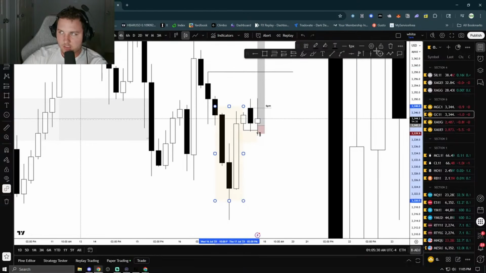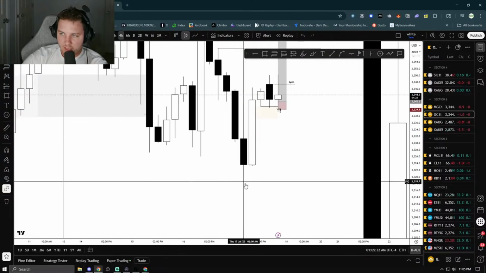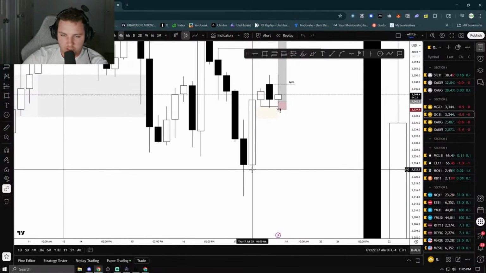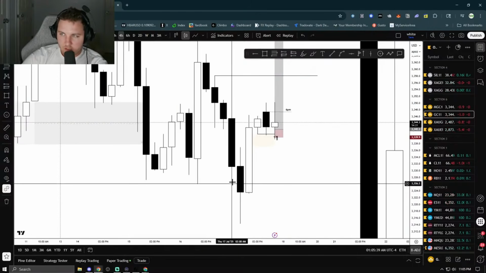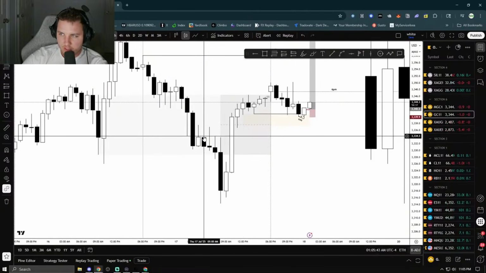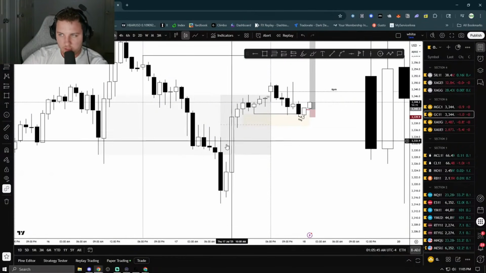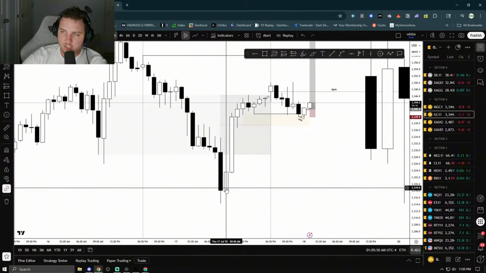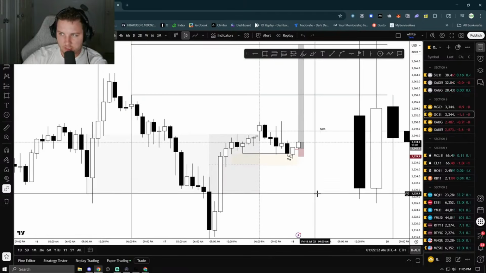So it summarizes what's going on, and 4 hour SMTs are pretty much session SMTs. So if you can dissect that on the hourly, that's going to help with internal SMTs. And I'm saying all this because you have 4 hour profiling.